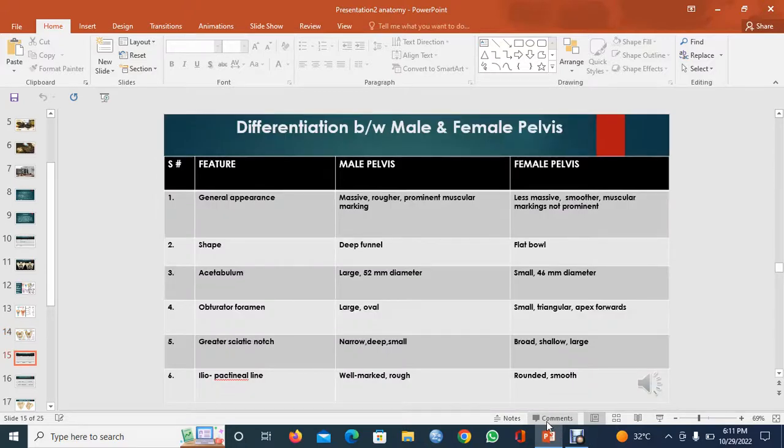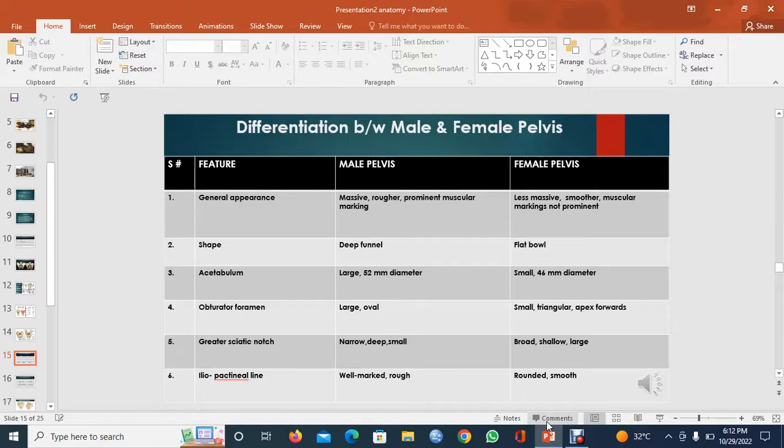So here is the difference in the form of a tabular chart. General appearance in case of male: massive, rougher, prominent muscular marking. In case of female it is less massive, smoother muscular markings, not prominent.